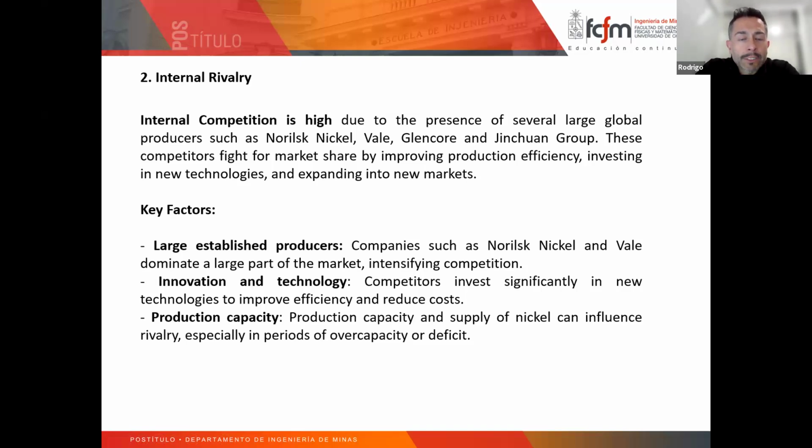The internal competition is high because these competitors fight for market share by improving production efficiency and investing principally in new technologies.